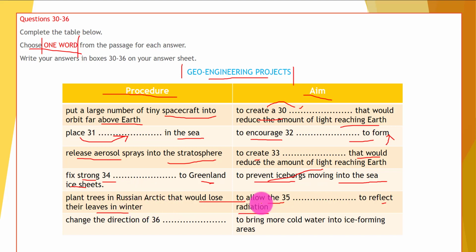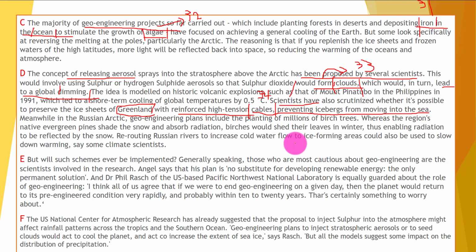Now let's go to the next one. To allow something to reflect radiation, it's about Russian Arctic and trees losing their leaves in the winter. Meanwhile, in Russian Arctic, geoengineering plans include the planting of millions of birch trees, whereas the region's native evergreen pines shade the snow and absorb radiation.